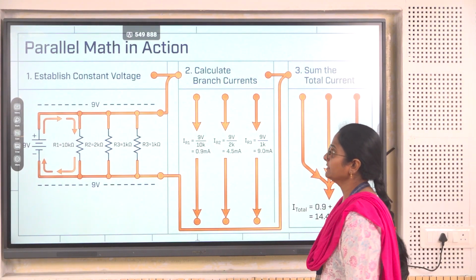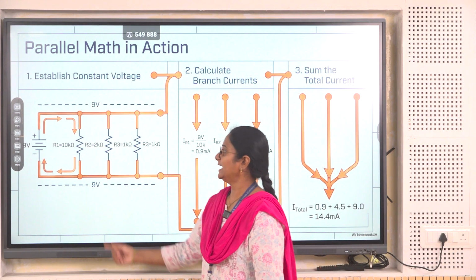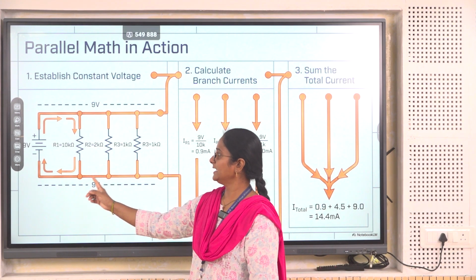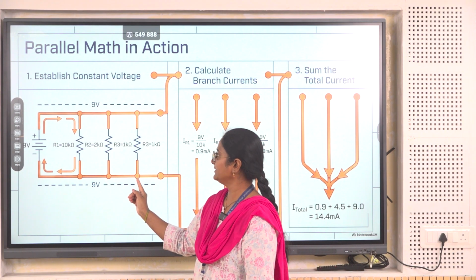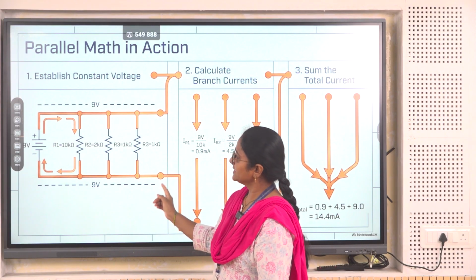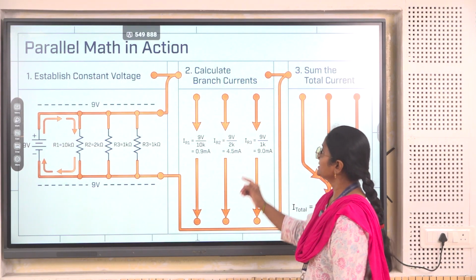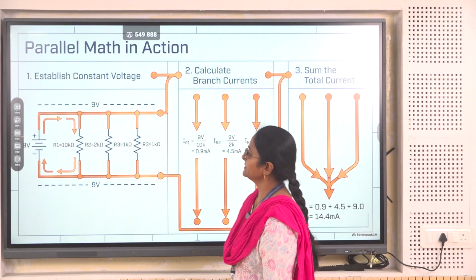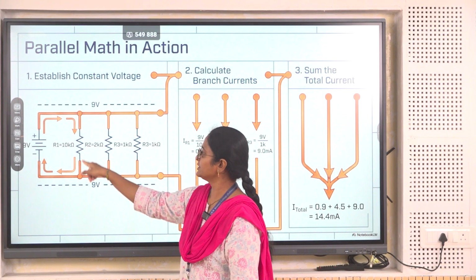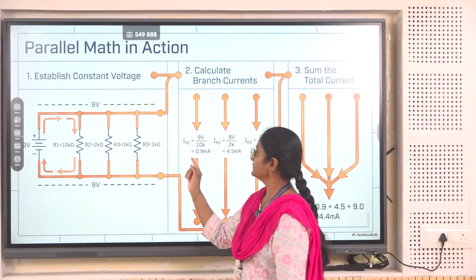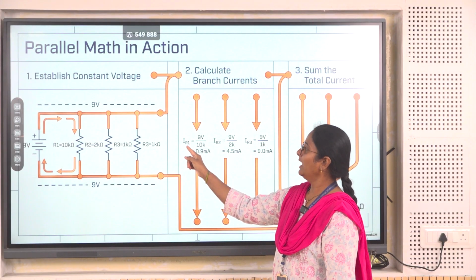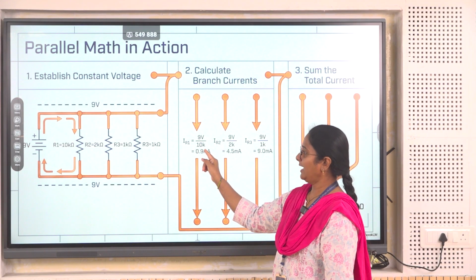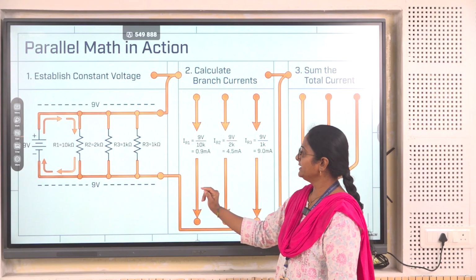The same we can see using an example. Consider R1 as 10 K, R2 as 2 K, and R3 as 1 K. Then the currents can be calculated. IR1, the current flowing through R1, can be calculated using Ohm's law, I is equal to V upon R, which gives 0.9 milliamperes.